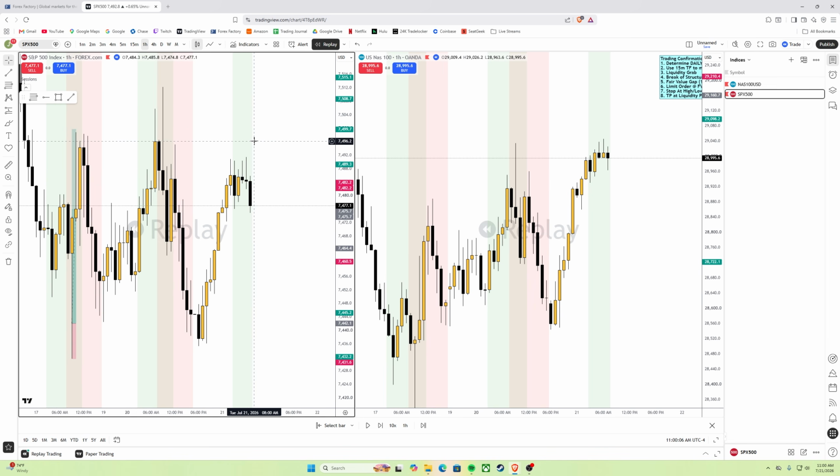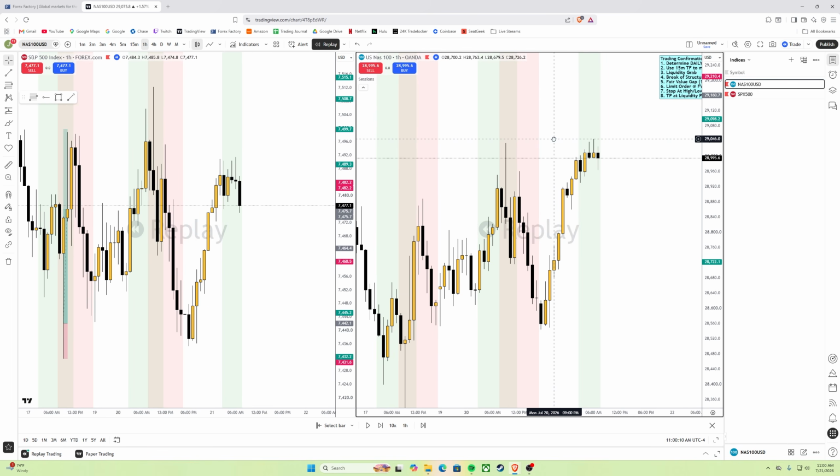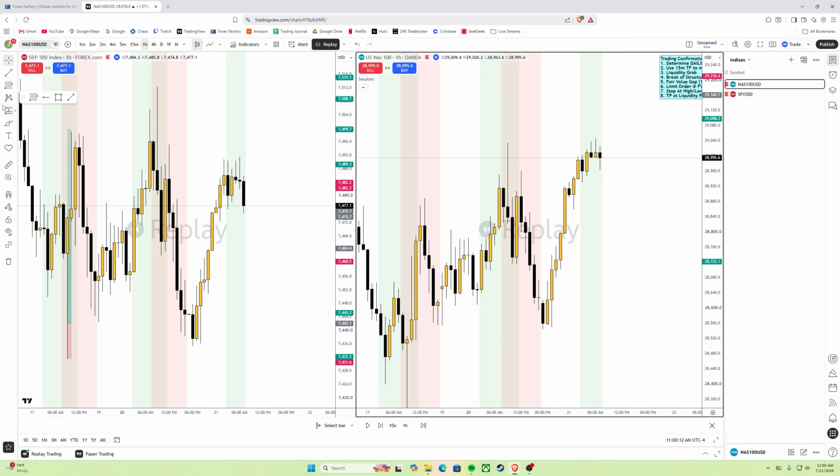So let's do the NAS first. On the chart to the right with the NAS, you see that this high was the highest high formed yesterday, and the swing low prior to this higher move was right here. Now obviously this swing gets traded through with this low down here, so we are anticipating that price is bearish.